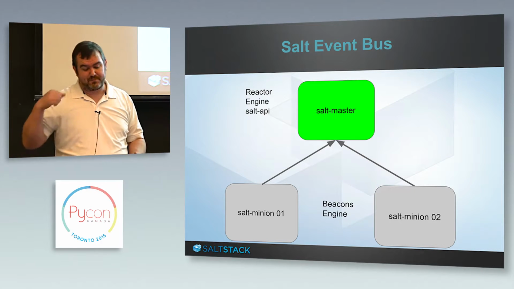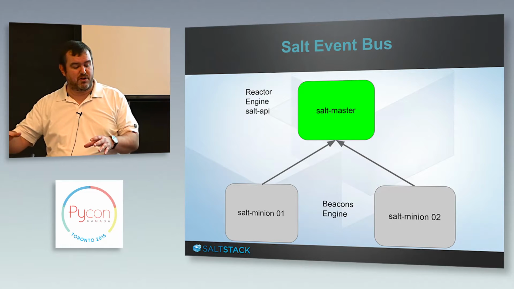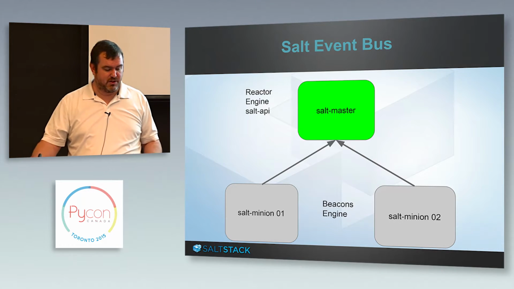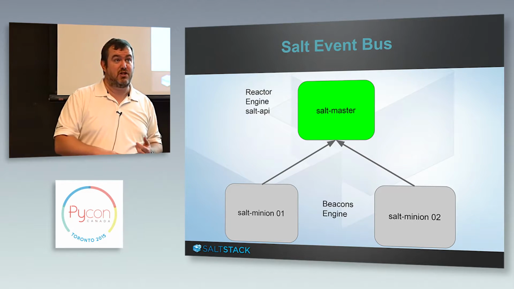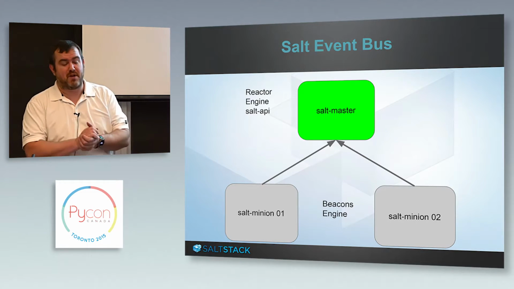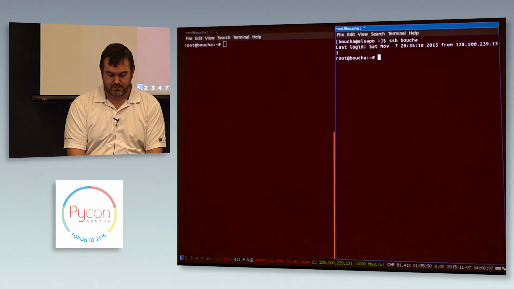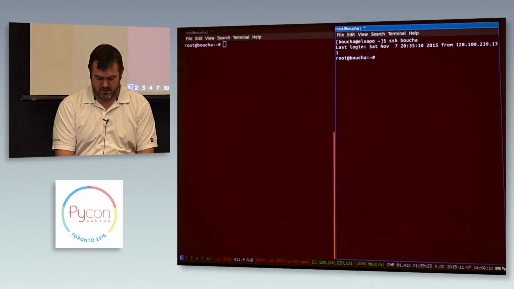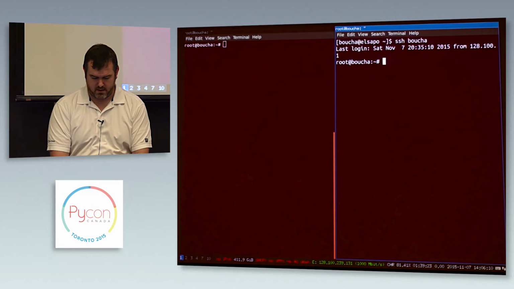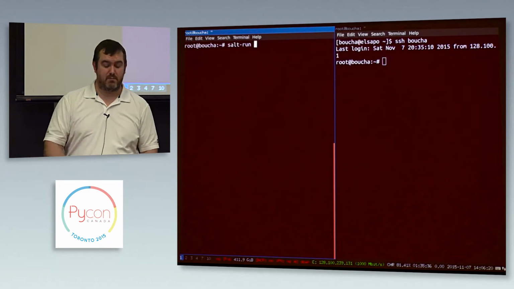Okay, so we have beacons and ways to send your own messages from the minions to the masters. We have reactors and engines to do things. So now we're going to demo a couple of these things. So first, all right, let's see what the event bus looks like.